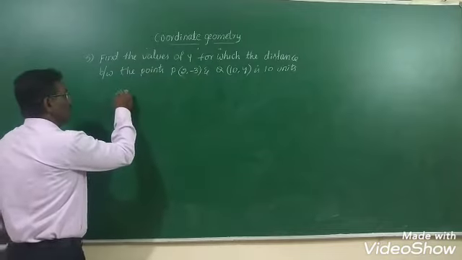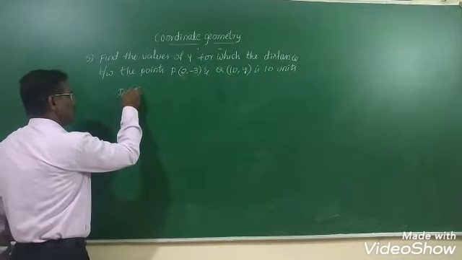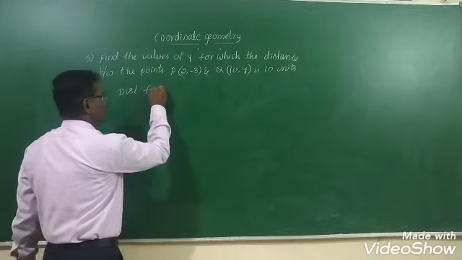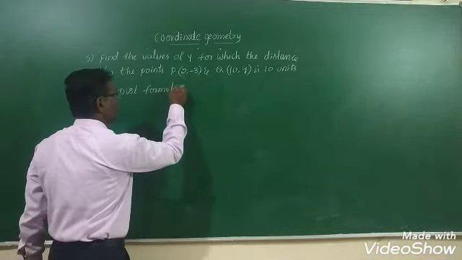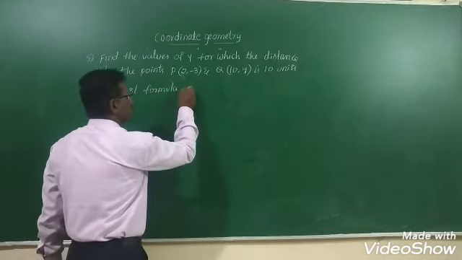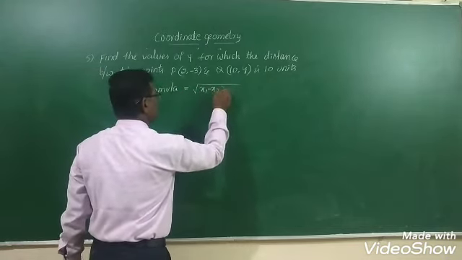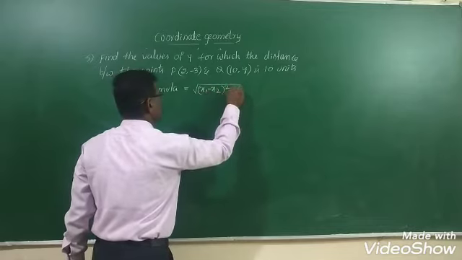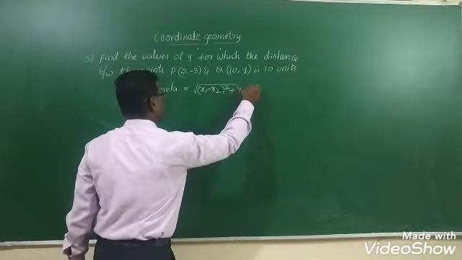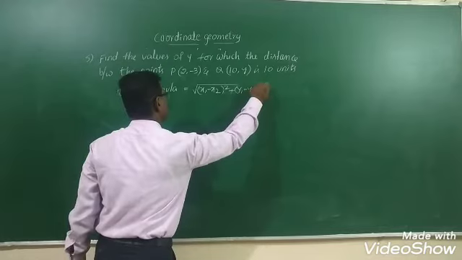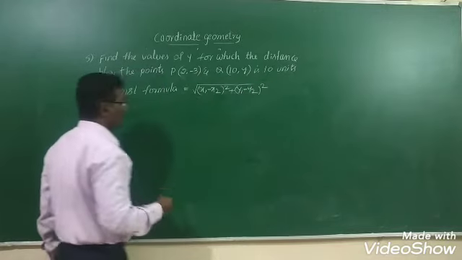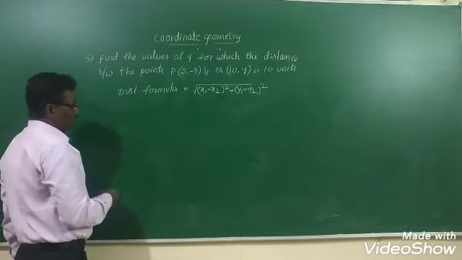So by using the distance formula, the square root of (x1 minus x2) whole square plus (y1 minus y2) whole square. This is the formula which we can use now.